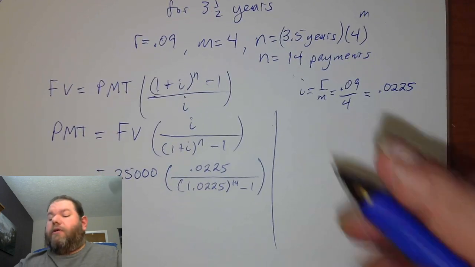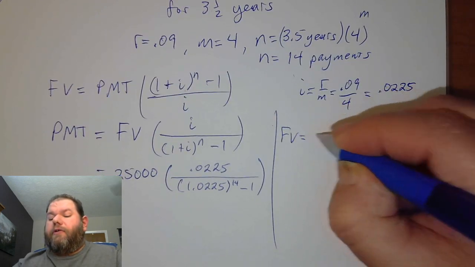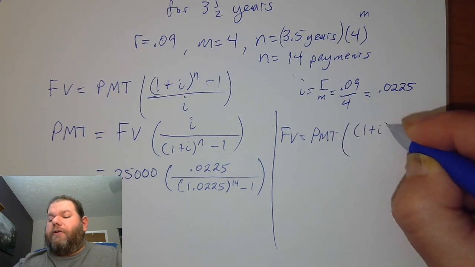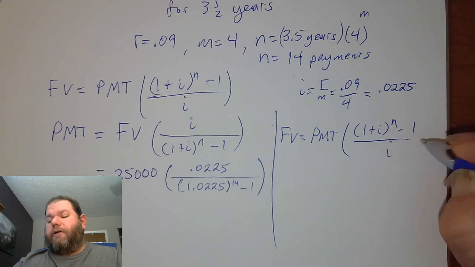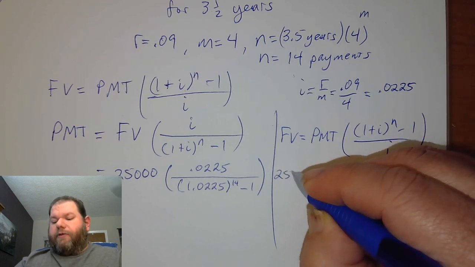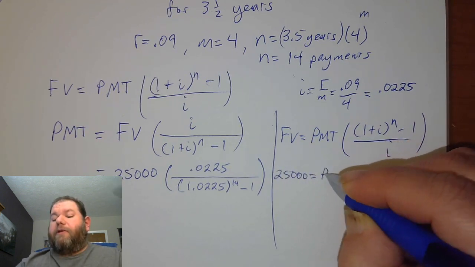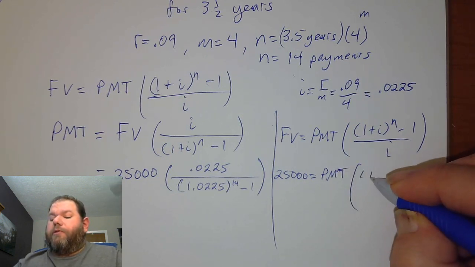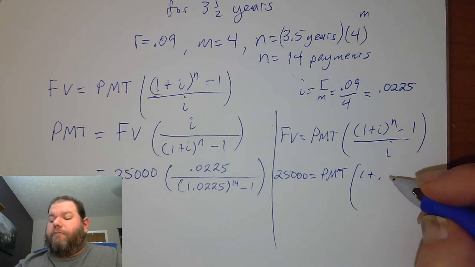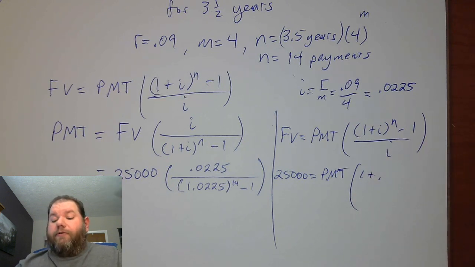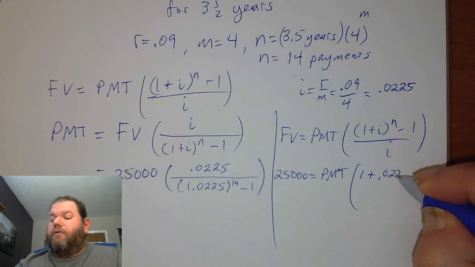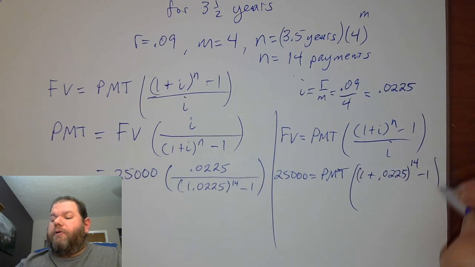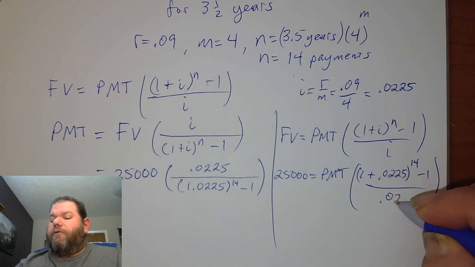Let's say future value is payment times 1 plus I to the n minus 1 over I. We know future value is 25,000. Payment is unknown, but we have 1.0225 to the 14th minus 1 over 0.0225.